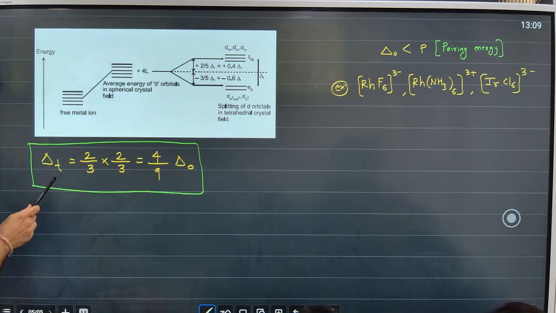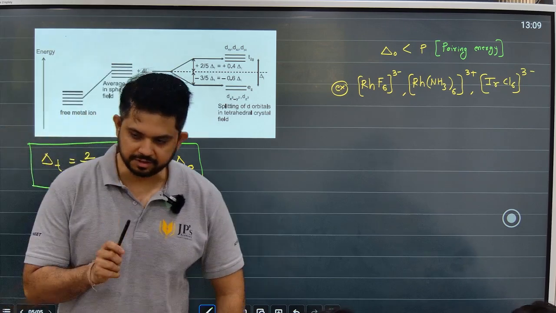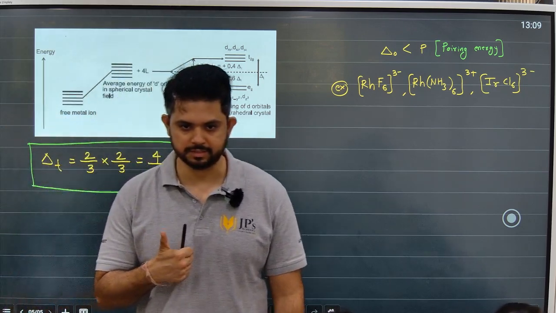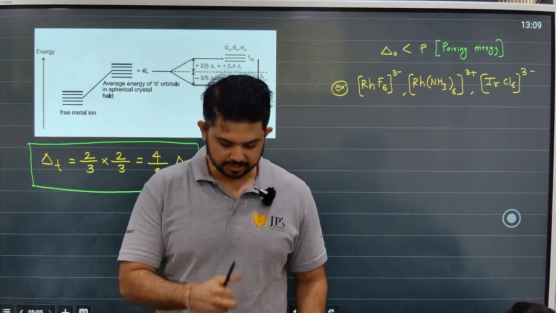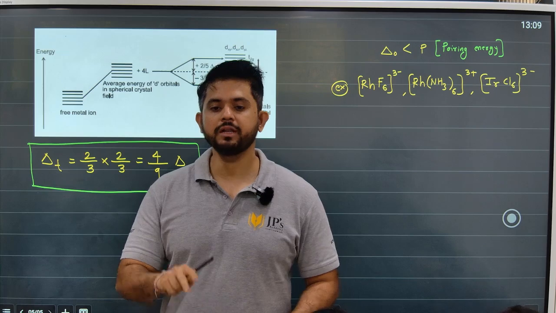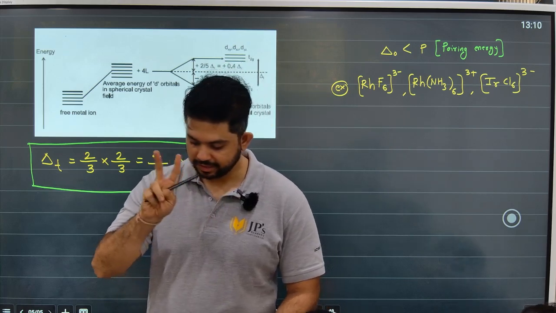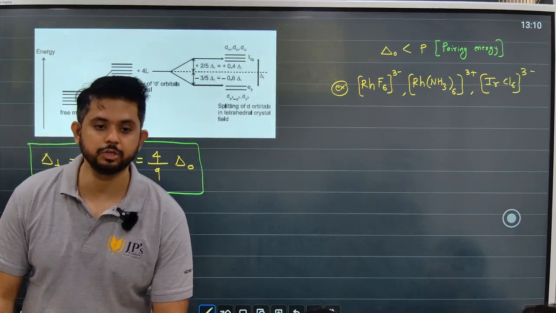So we did CFSE in octahedral complexes. इनका coordination number क्या था? 6. And for coordination number 4, there can be two types of geometries. Which are the two geometries?